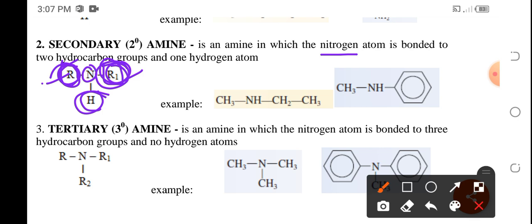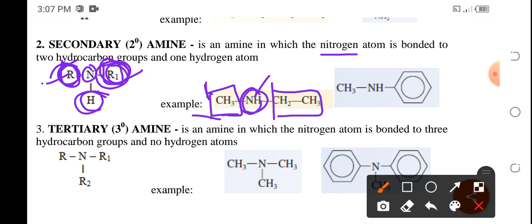For an example, this is an amine. It has the amino group. That nitrogen possesses a series of carbon atoms. This side has only one carbon atom, and the other side has two carbon atoms. The remaining bond is of course allotted to hydrogen.